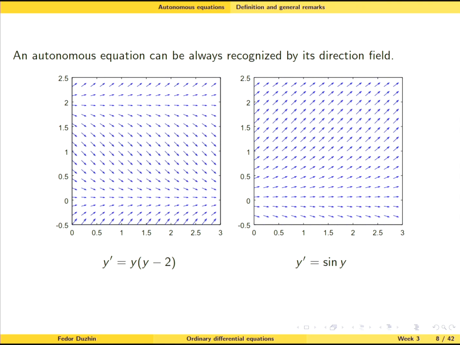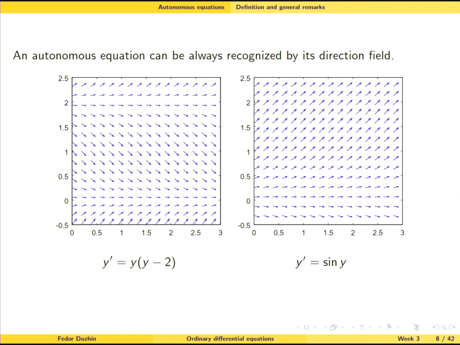The important visual point about autonomous equations is that they can always be recognized by their direction field. In other words, by just looking at the direction field, you can always tell whether it comes from an autonomous or a non-autonomous differential equation. Let me explain.